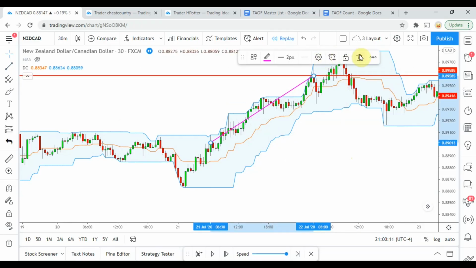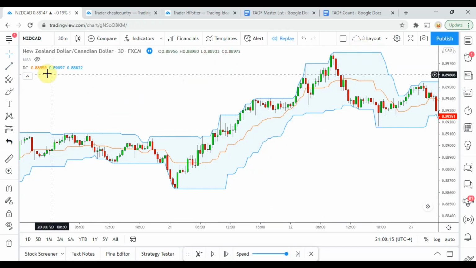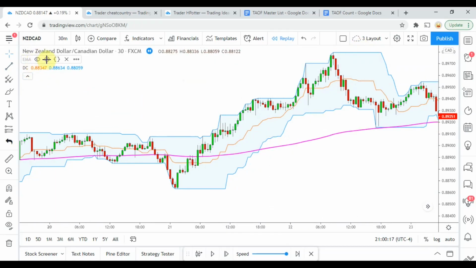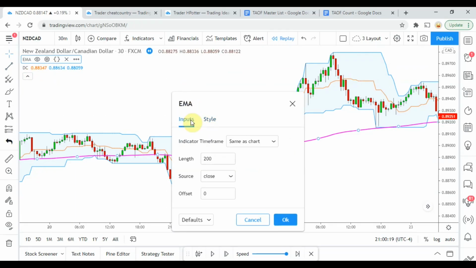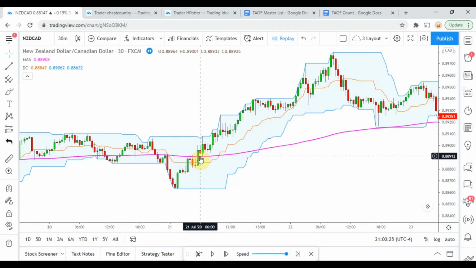Now, an extra layer that this video explained was to use the EMA. We took the EMA and put it on screen on a 200 period. When the price action is above the EMA, we are only looking for longs.